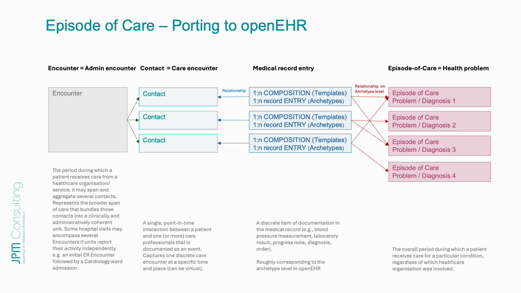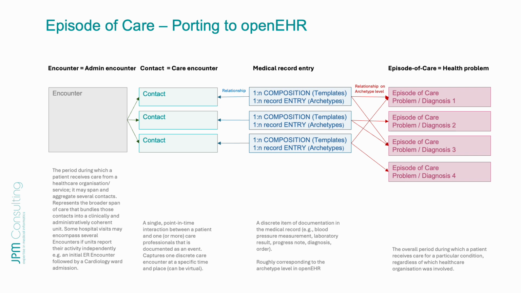An episode of care corresponds to a health problem or diagnosis. We model each episode as its own composition, defined by a dedicated template, so it can persist over time as a single source of truth. The key challenge is the relationship.